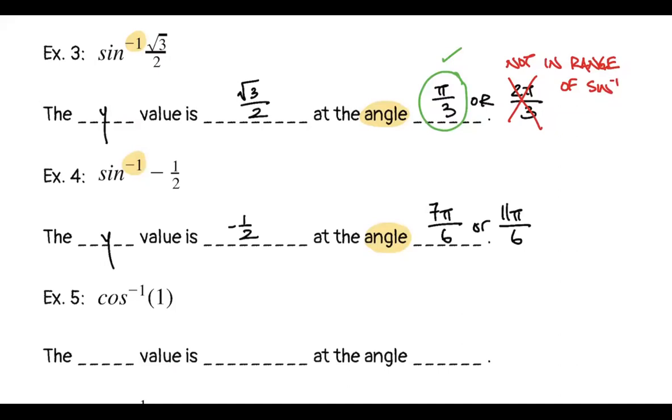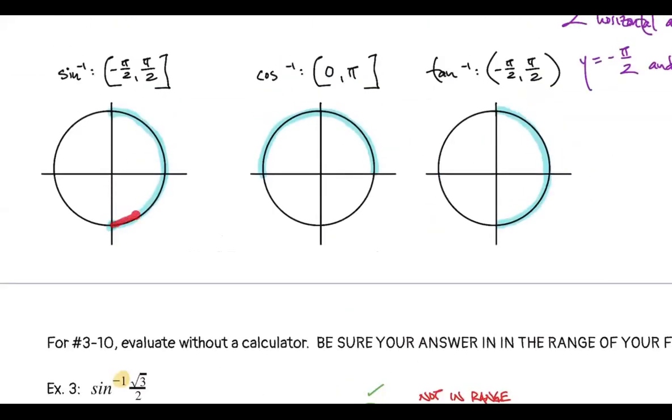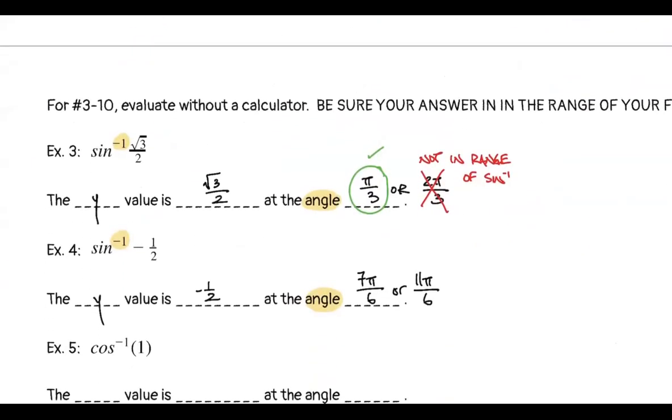Okay, so this is inverse sine, right? So I have to choose from values on the right half of the unit circle. So which one of these values can I put a red X through? 7 pi over 6 or 11 pi over 6? Which one is not on the right half of the unit circle? Great. 7 pi over 6 is not in range.